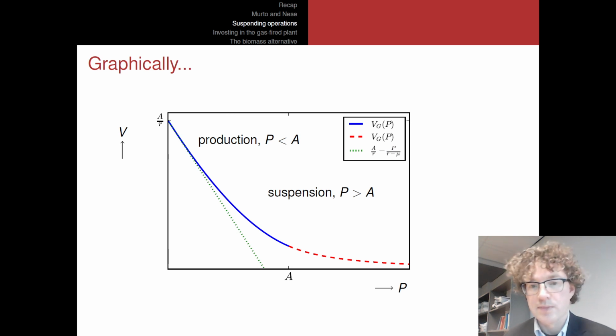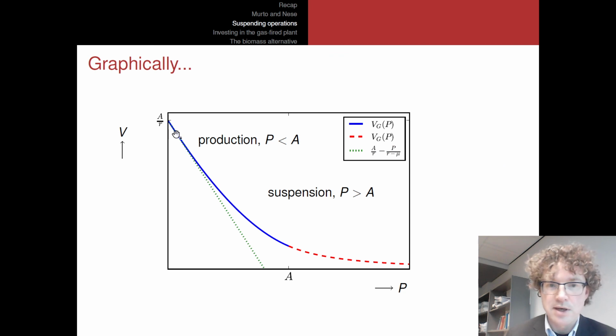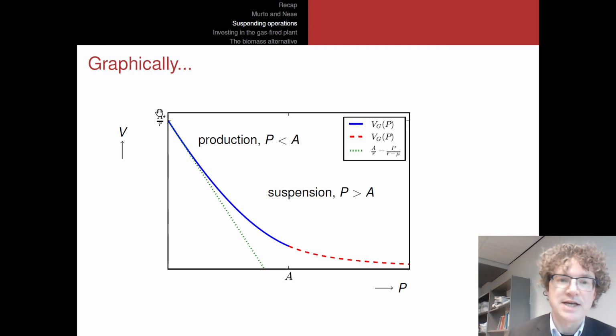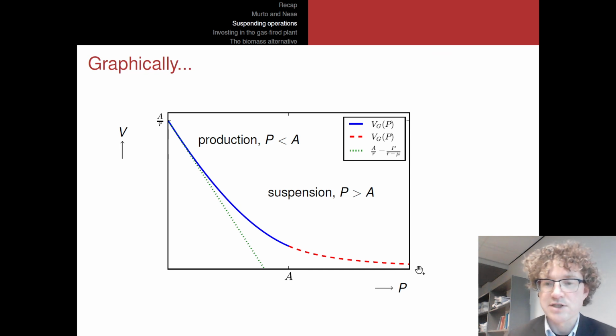So the graphical depiction of these results is this. On the left hand side, this value function looks like the blue line. On the right hand side of A, where P is bigger than A, it looks like these dashed red lines, and indeed they're matched together nicely at A. When P gets very small, as 0, essentially we will only be producing electricity at cost 0, so then we have a value of a perpetuity of A divided by R, the price for electricity divided by R. Whereas when the price of gas goes really high, we suspend operations, but as price gets really far away, we cannot hope to actually switch it on anymore at all.